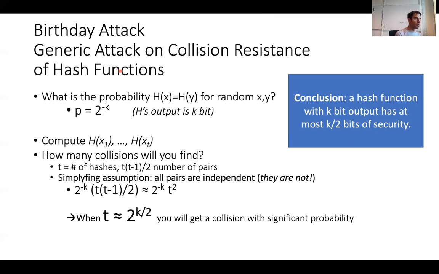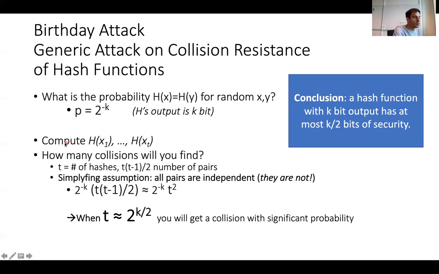So what does the birthday attack tell us for hash functions? It can help us estimate the chances of finding a collision for an attacker. So let's say that an attacker wants to find a collision, an x and a y such that h of x is equal to h of y.